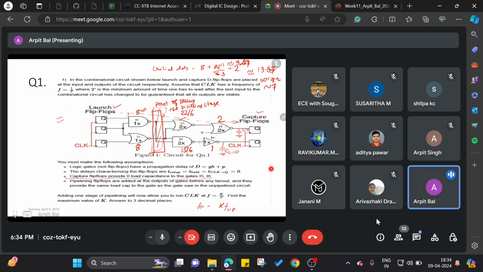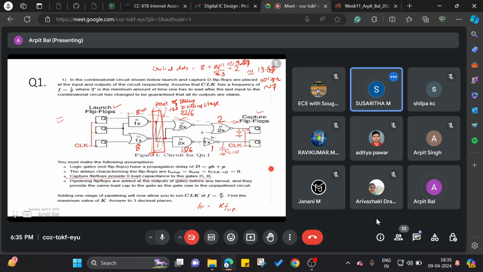After placing the pipeline, what is the critical delay from the launch flip-flops to the pipeline flip-flops? Can someone tell me? Okay, let me repeat the question. What is the critical delay from the launch flip-flops till the pipeline stage? So both are having the same delay 8.